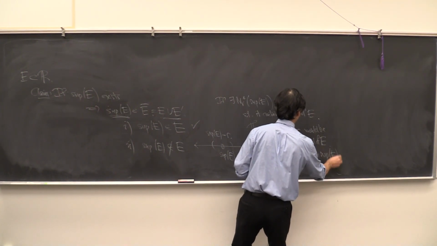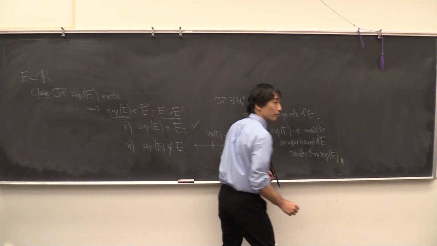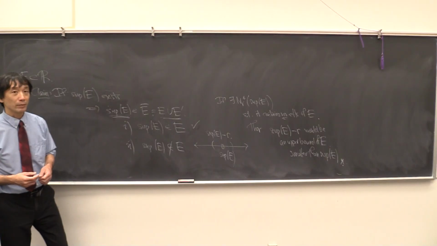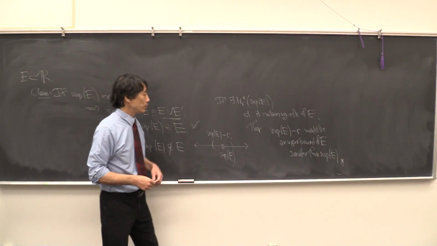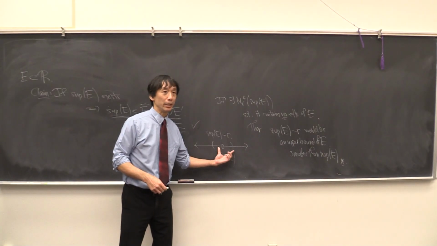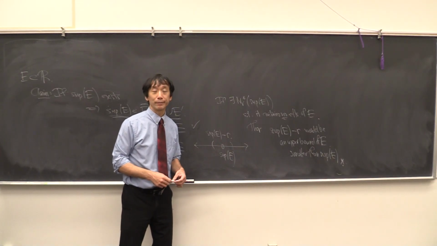But that's impossible. So we know that every punctured neighborhood must intersect E, and thus it's a limit point.